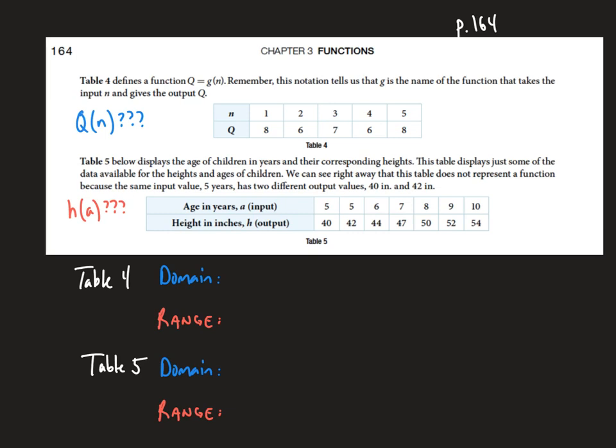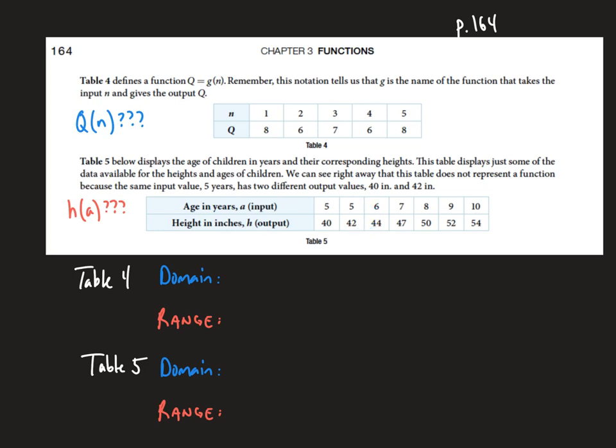Now what about this table down here? This one shows the ages of children, that would be our input, versus the height of the child, and that would be the output. So they've measured a bunch of different children, and they had a child that was age 5, who was 40 inches tall. They had a child that was age 5, that was 42 inches tall. A child that was age 6, 44 inches tall, so on and so forth.